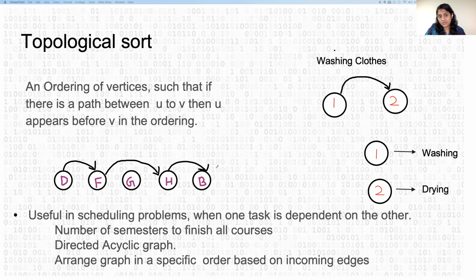That's the first step to do topological sorting, and then do a DFS and save the nodes that you have visited. But this is just to give an overall idea of what topological sorting is.